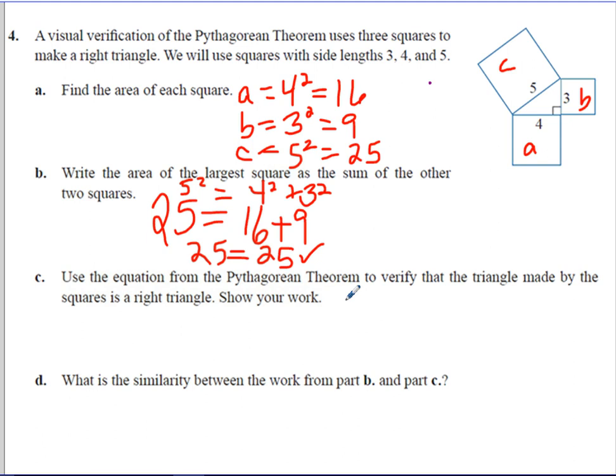And so the equation from the Pythagorean theorem, we just did that. So A squared plus B squared equals C squared, or if you write it as C squared equals A squared plus B squared, it doesn't matter. So then we have all of our work already done up there. So there's no point in rewriting it. So the similarity is that we're using the same numbers.